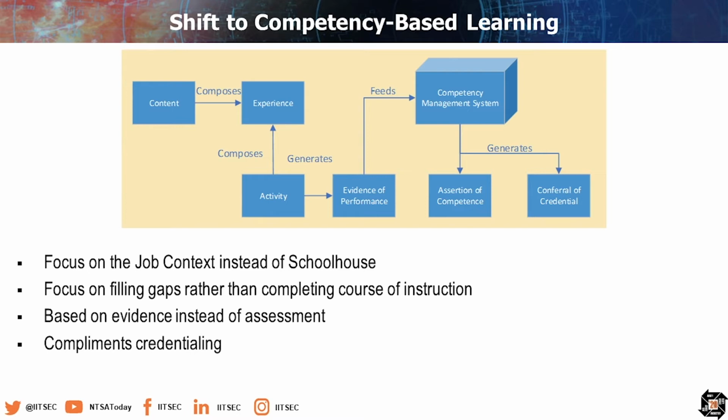The second thing about it is that it focuses on filling gaps rather than completing a prescribed course of instruction. The opportunity there is for what we call learning compression, in that if you already know how to do 30% of what you're going to learn, you don't have to do that 30% again, which means that you can get out of your training environment and back into doing your job more quickly.